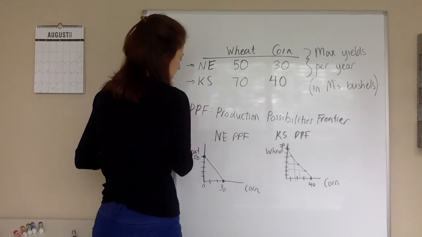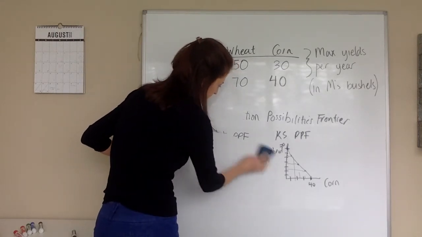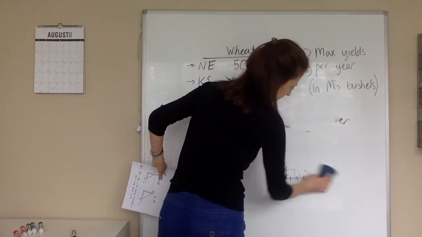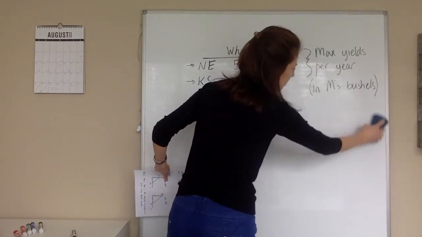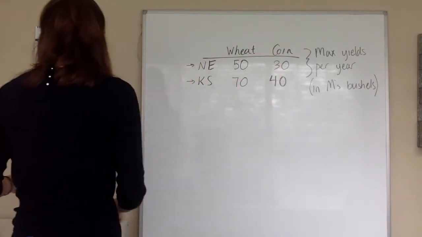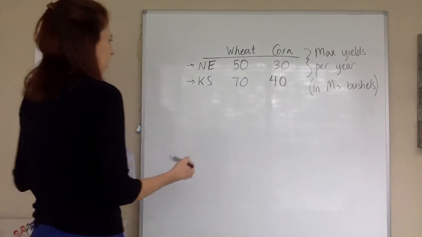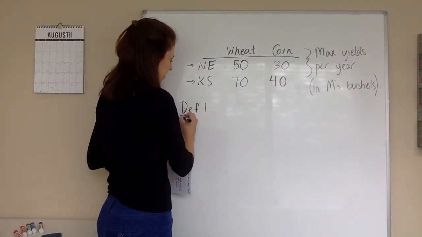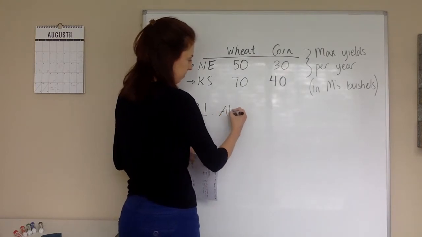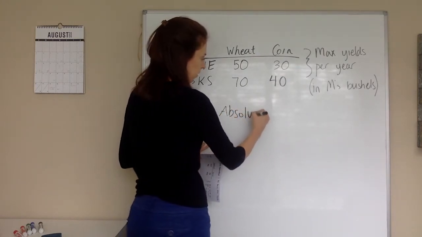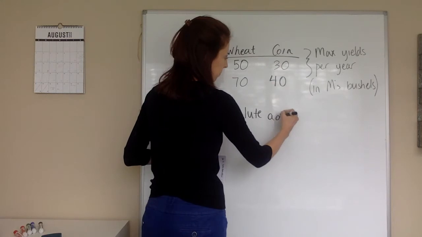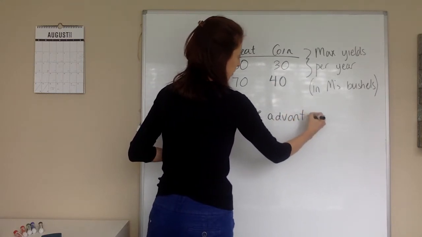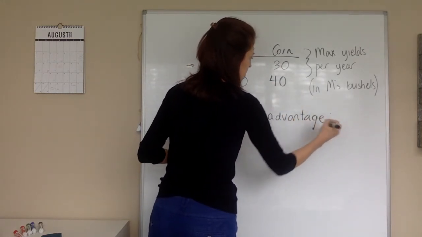Okay, we're going to have a whole bunch of definitions today, so make sure you're writing all this down. And each definition is going to give us something that we can solve for. So definition number 1 is absolute advantage. Okay, what is absolute advantage?